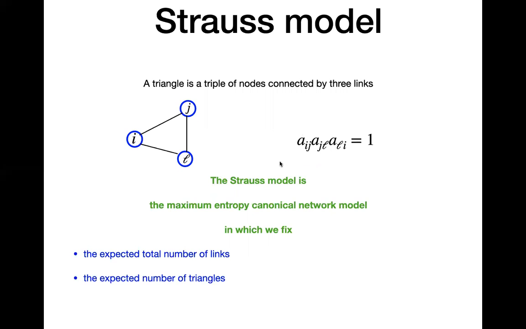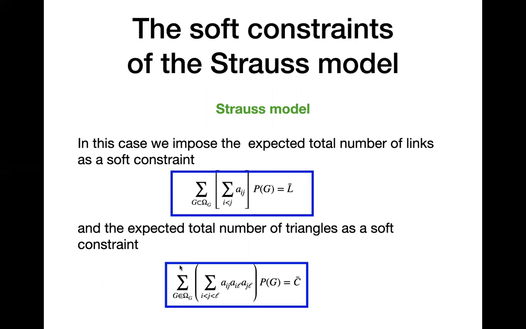And in the Strauss model, you fix the expected total number of links and the expected total number of triangles. So now you have a constraint which is of order 3 in the adjacency matrix. You have the constraint on the links, which is familiar, and the constraint on the triangles, which is this.